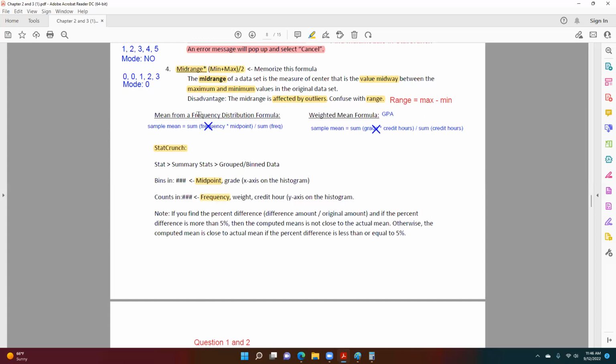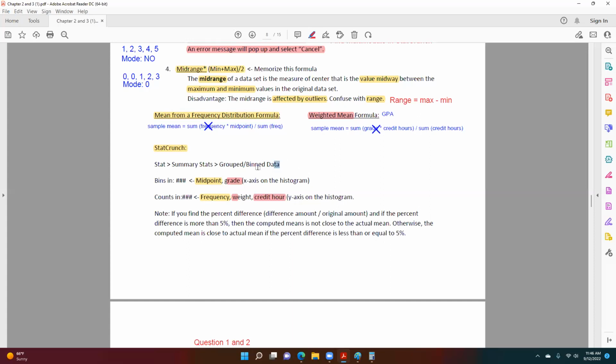That is to find the mean for the frequency distribution. If you want to find the weighted mean, then enter the grade in the first column and the weight, which is the credit hours, in the second.